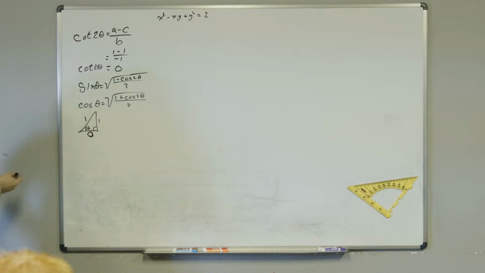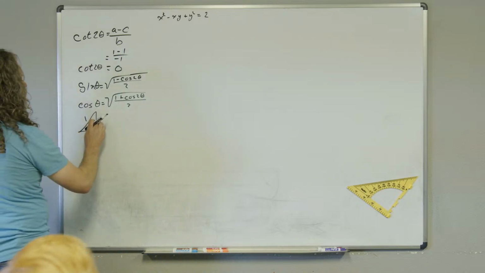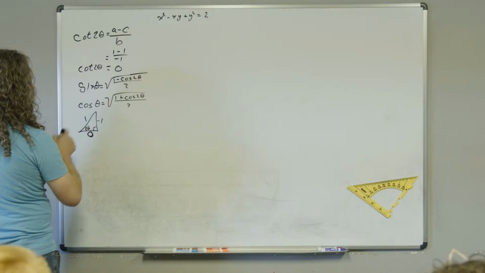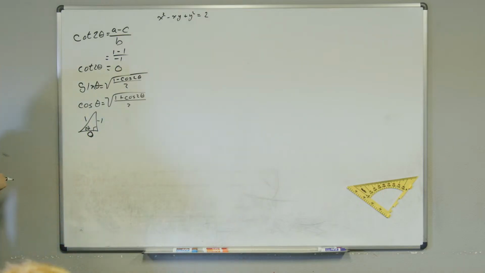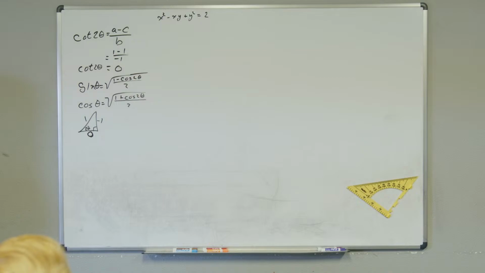Because this really isn't a triangle, right? It's just an up and down line. So a 0-degree angle for cosine is 1. Actually, it would be -1, but that's still 1. So it's even drawn upside down.